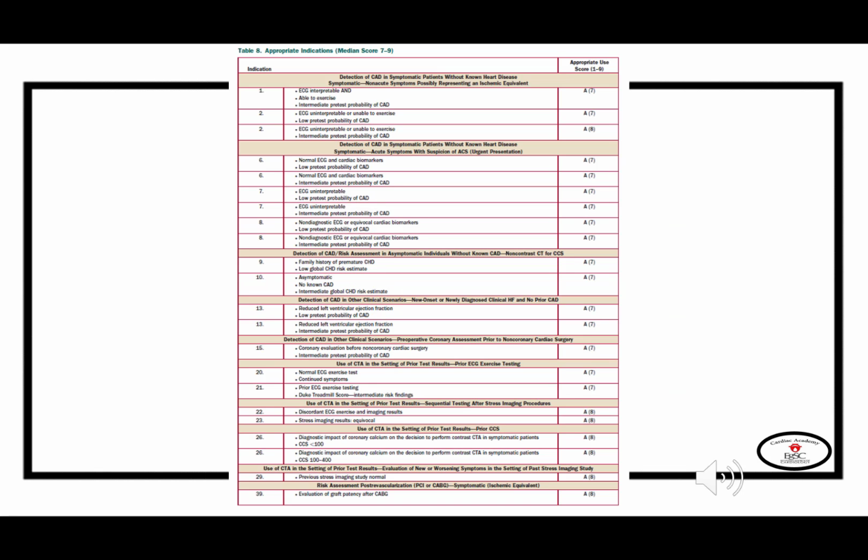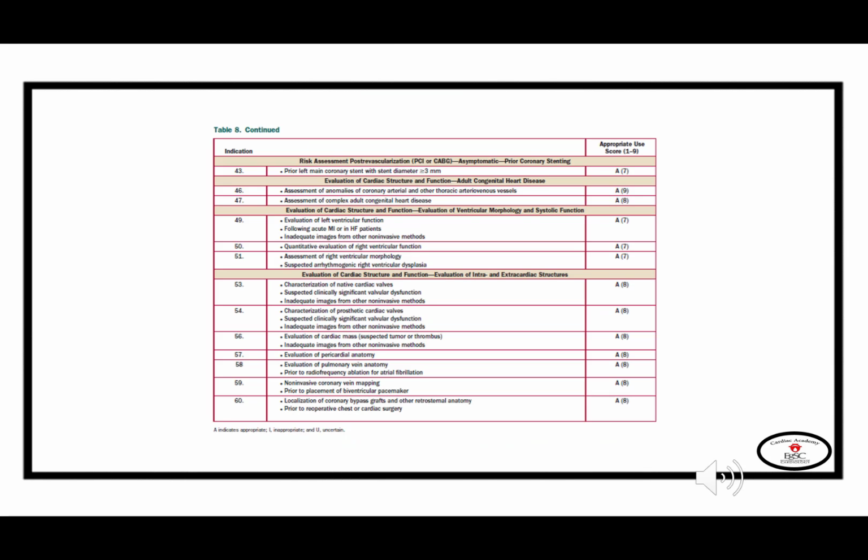So the list of appropriate indications has increased from 2 pages to now 35 appropriate indications.